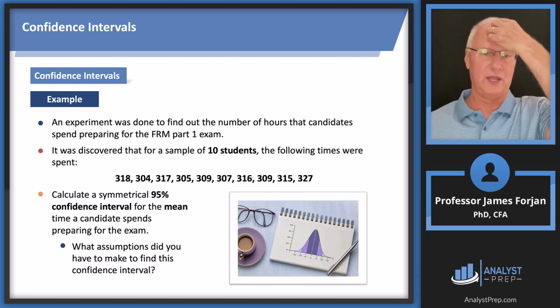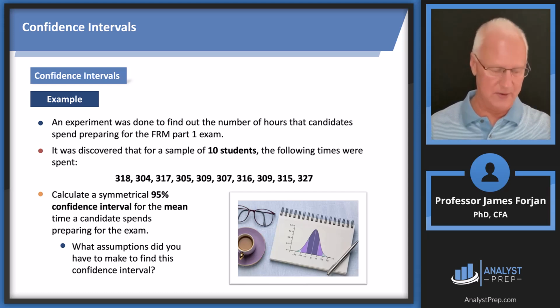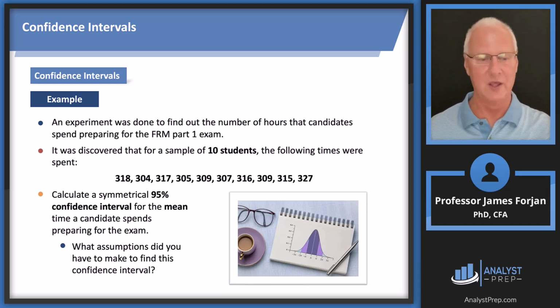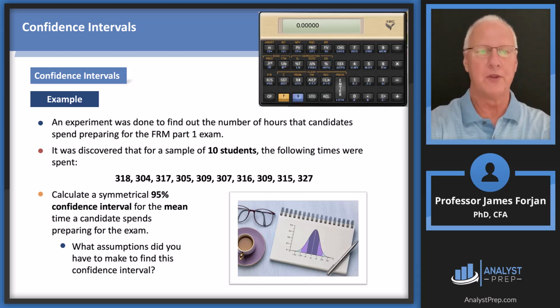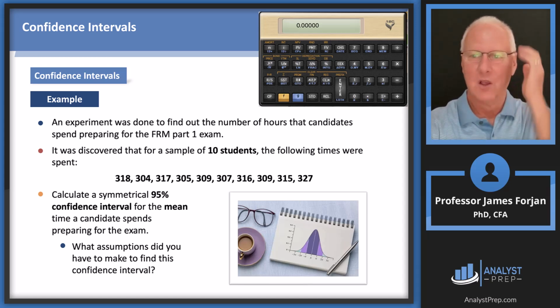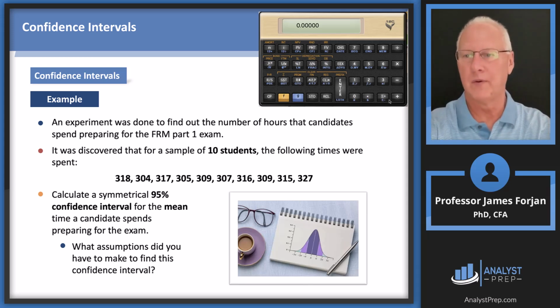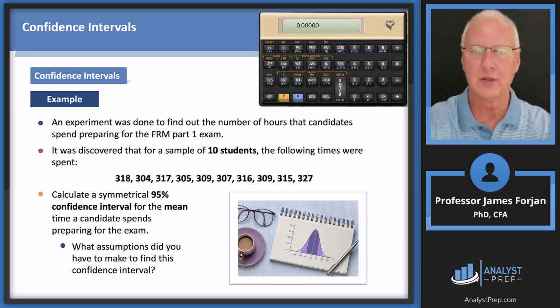So the first thing that we need to do is to compute the mean and the standard deviation. Now, I showed you this in a previous slide deck, but I'm going to show you this again with the 12C. I'm hoping you guys remember this, but I'm guessing that some of you do not. So let's just do this quickly. We have 10 observations. We're going to use our orange and blue functions, and we're going to use our sigma plus button down here.